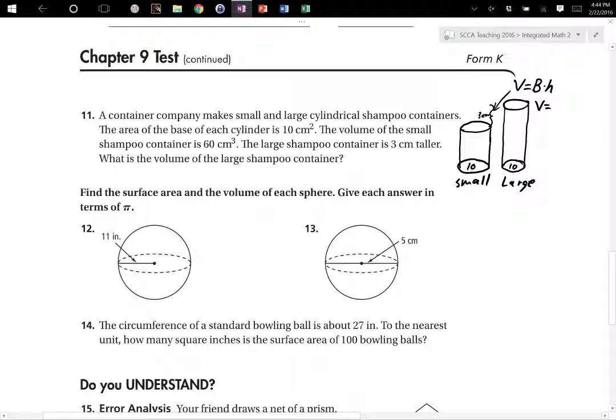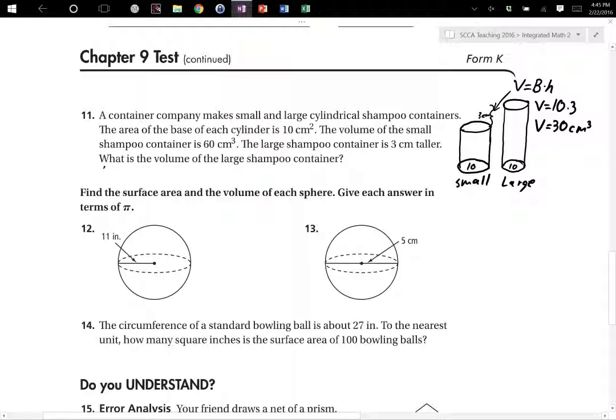So my volume is going to be the 10 centimeters squared, 10, times the height of 3. So this is the extra volume, 30 centimeters cubed.